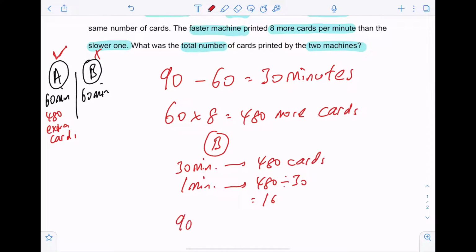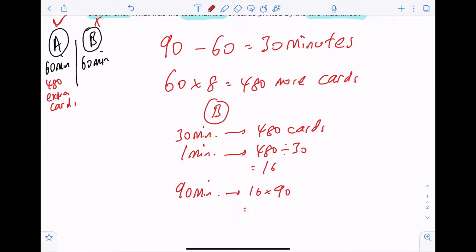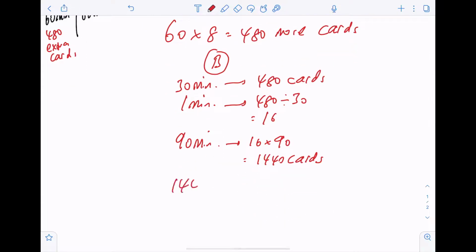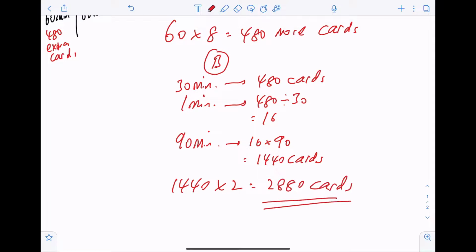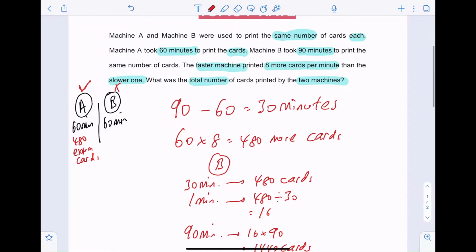Alright? So how many cards is it printing in that entire 90 minutes? 1440 cards. And we know both machines actually printed the same number of cards, right? So the total number of cards printed by both machines is 1440 times 2, 2880 cards. Final answer, 2880 cards printed by both machines.